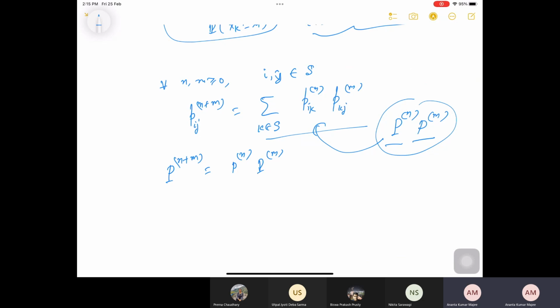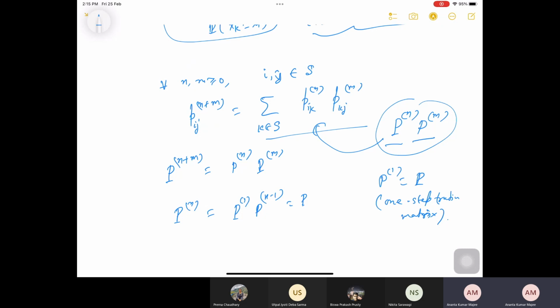So in particular, I can think of P(n) as P(1) and P(n-1), for n greater than or equal to 1, and P(1) is nothing but my one step transition matrix, which is actually my P. Is it not?